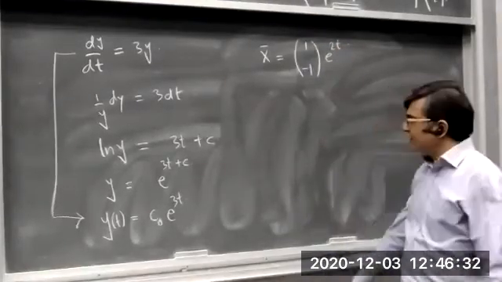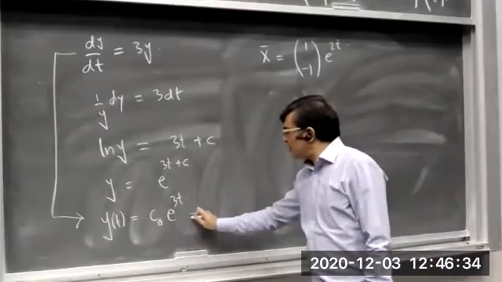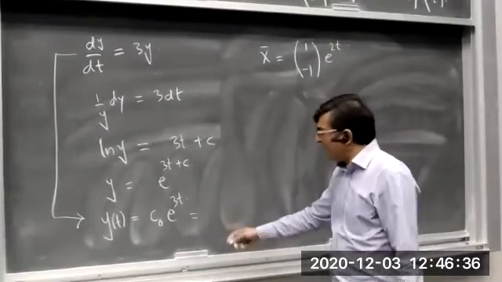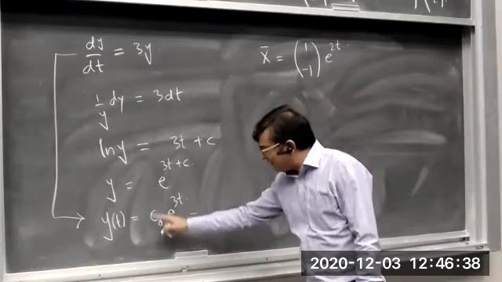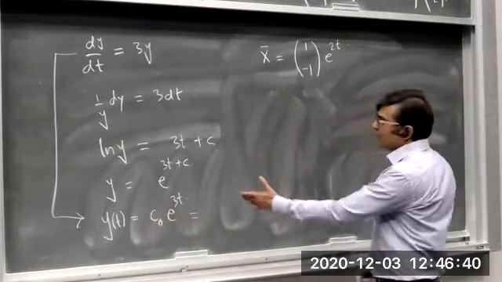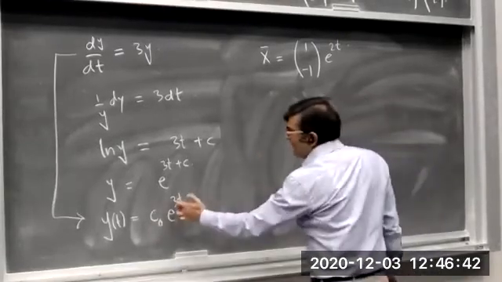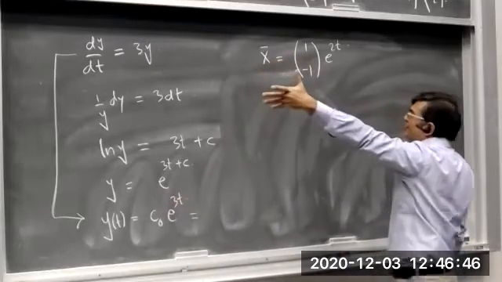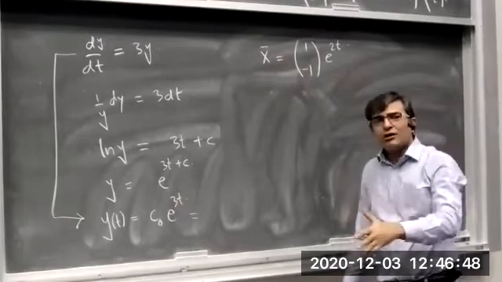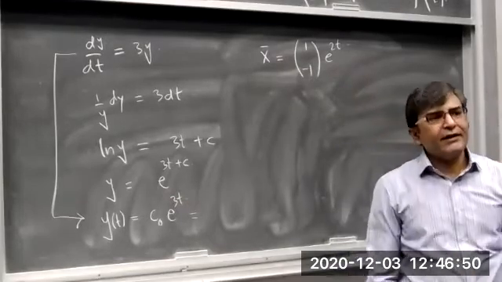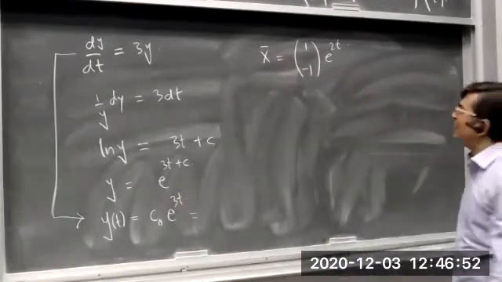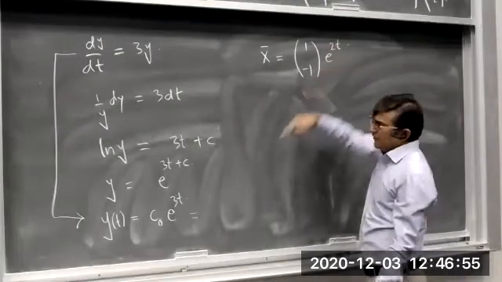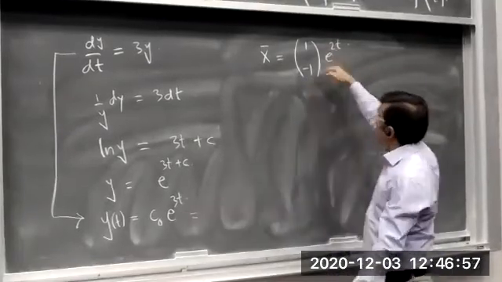This you can write as a constant vector times e raised power some lambda t. If you have a system of two first order, homogeneous, linear differential equations with constant coefficients, then the solution must be of this form.